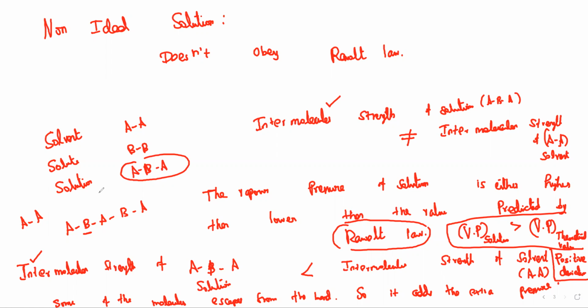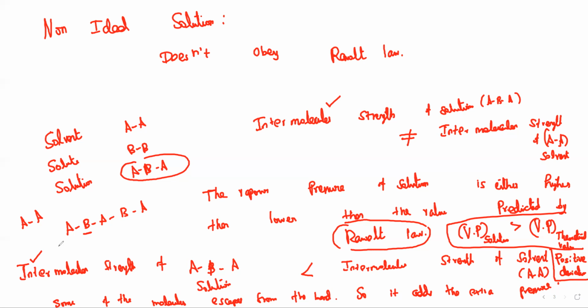So in the non-ideal solution, we have two types of deviation. One is the solution which shows the positive deviation, and another is the solution which shows the negative deviation. Now negative deviation you can easily understand.